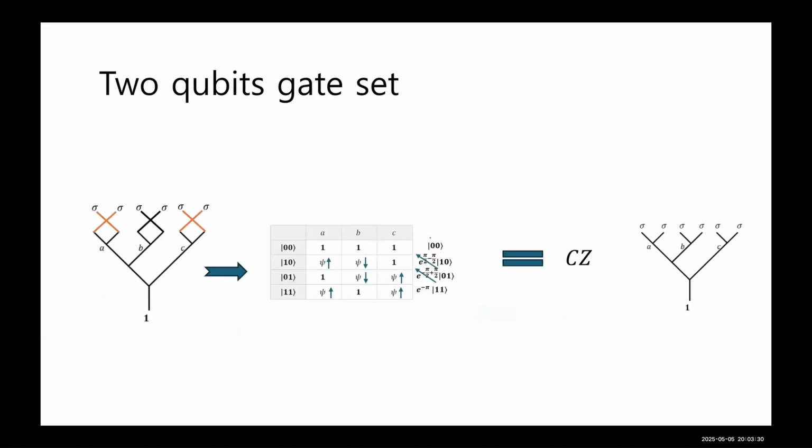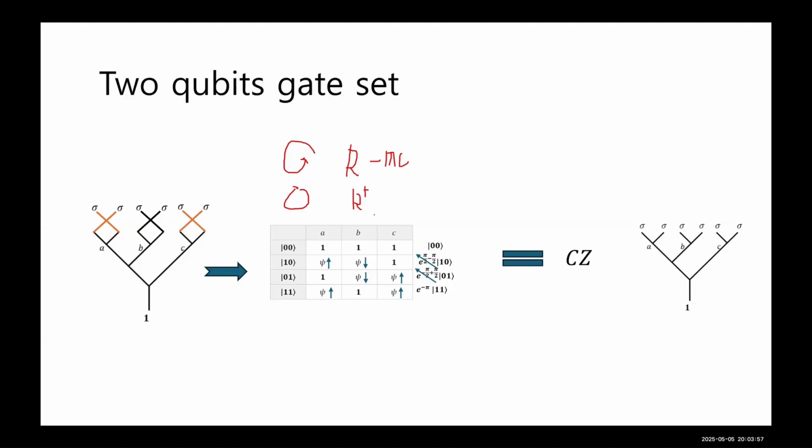How about two qubit gates? To make a two qubit gate, we have to know the direction of the braiding first. If we make a braiding counterclockwise, they're going to implement this R move. But if we make a braiding clockwise, they're going to make R dagger.